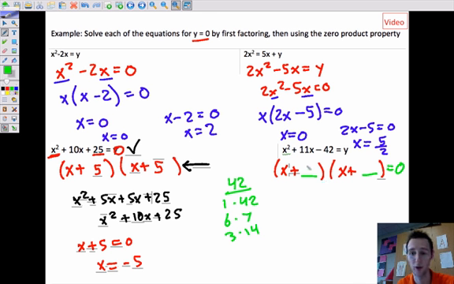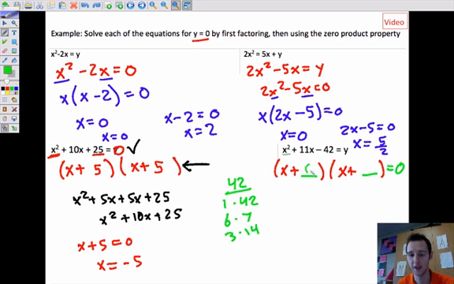Like if I put in a 1 here and a 42 here, those middle two terms, if I expand it, I'm going to end up getting 1x plus 42x. And 1x plus 42x does not equal 11x. Okay, so I know it's not 1 and 42.